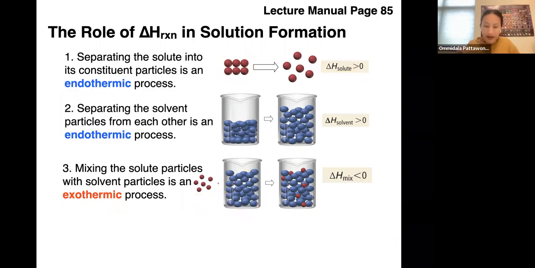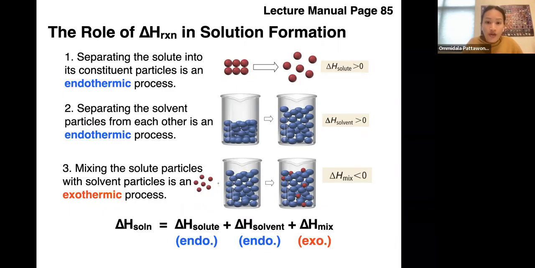Well, this is just a puzzle, right? In terms of how the solution is being formed. So when you add all of these together, you are going to see it all in one picture. If you add this whole process together, it's the formation of this solution right here. So if you want to know the overall enthalpy change of the solution, we know that delta H is a state function, which means it doesn't depend on the path taken.